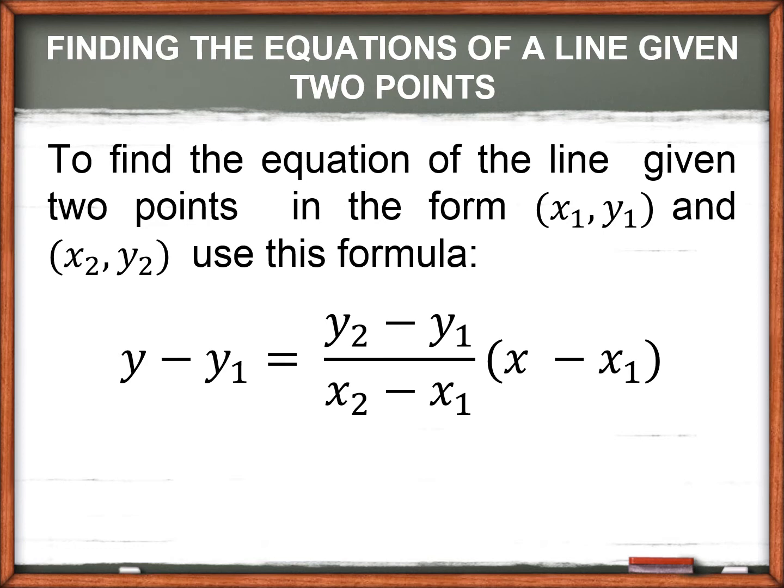Now take note that the formula y sub 2 minus y sub 1 all over x sub 2 minus x sub 1 is our formula in finding the slope of the line.